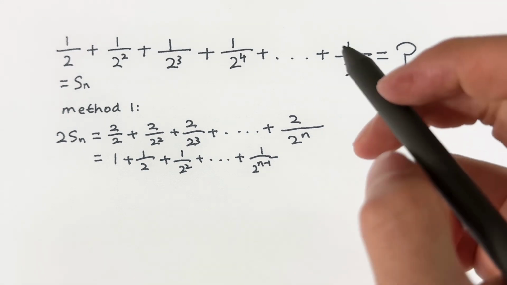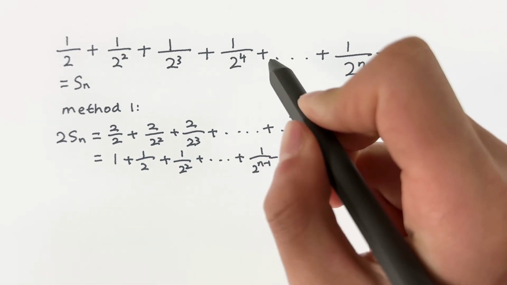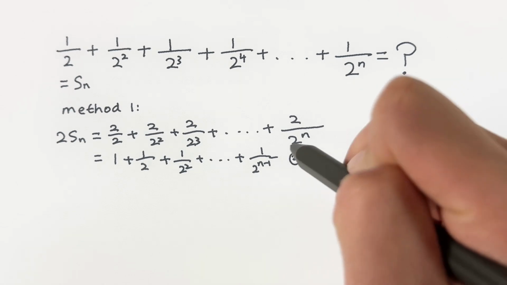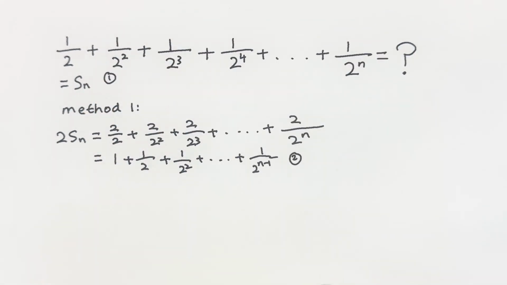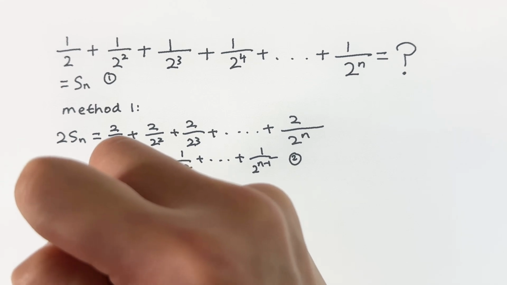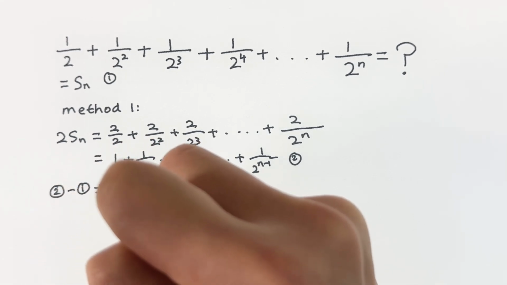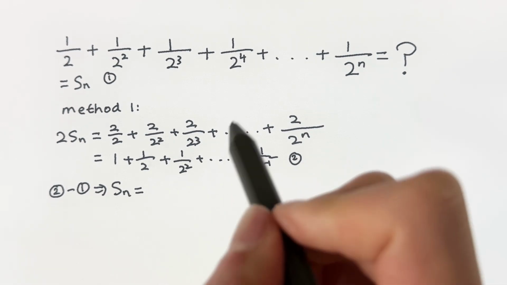And then we can just call this the second equation, this the first equation. So we have equation 2 minus equation 1 will give us that Sn equals 2.